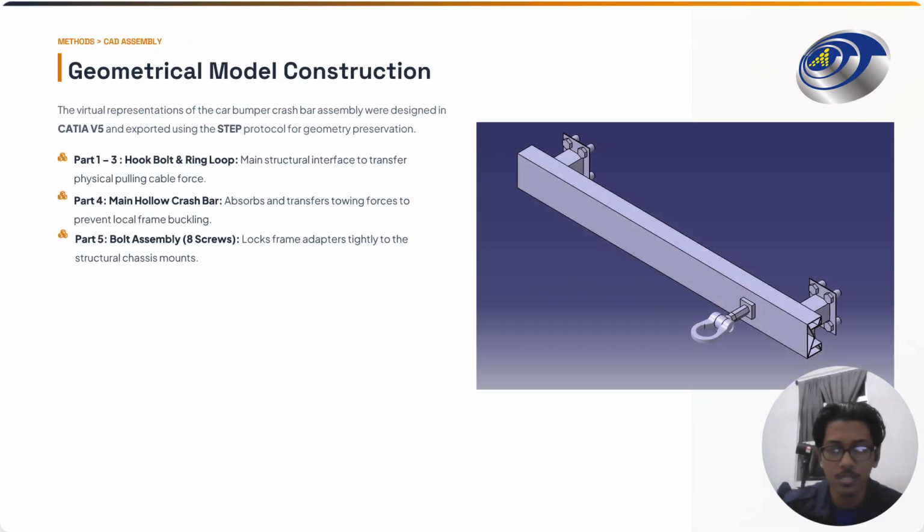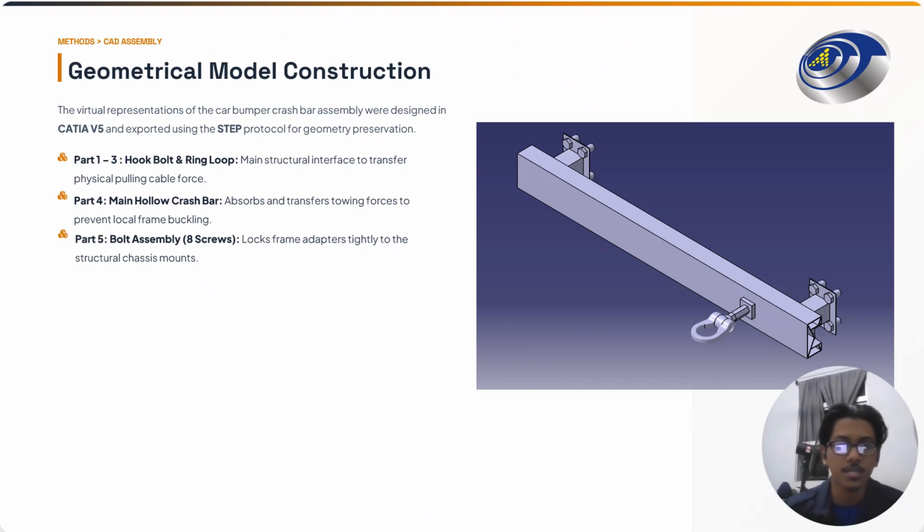Geometrical model construction. Our methods begin with parametric CAD modeling in CATIA. We built three distinct assembly models that evaluate effects on geometry scale.